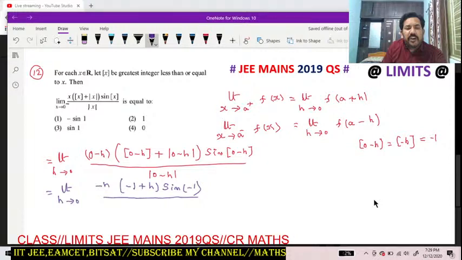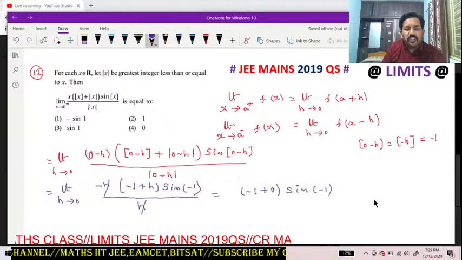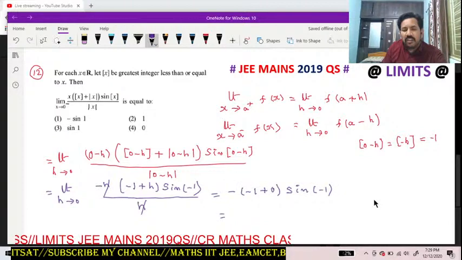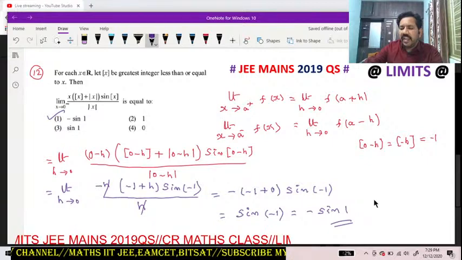Now substitute the limit: minus 1 plus 0 into sine of minus 1, and here one more negative is there, write the negative. Overall sine of minus 1; sine of minus theta is minus sine theta. Overall, what is the answer, students? Minus sine 1. Which option is correct? First option is correct. This is JEE Mains 2019 given.